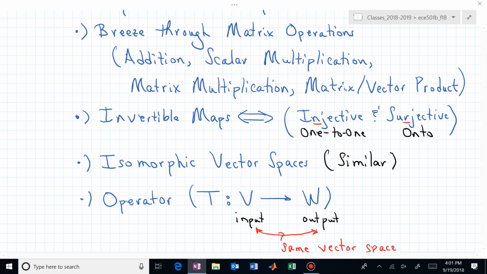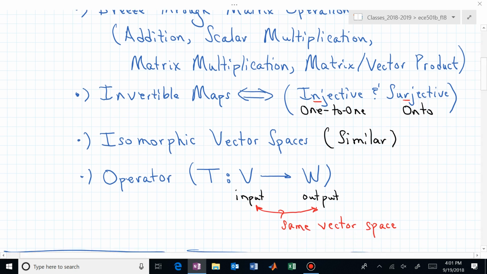Then we will quickly go through addition, scalar multiplication, matrix multiplication, matrix vector product. We'll talk about invertible maps, which means that these maps are both injective and surjective. They're one-to-one and onto.